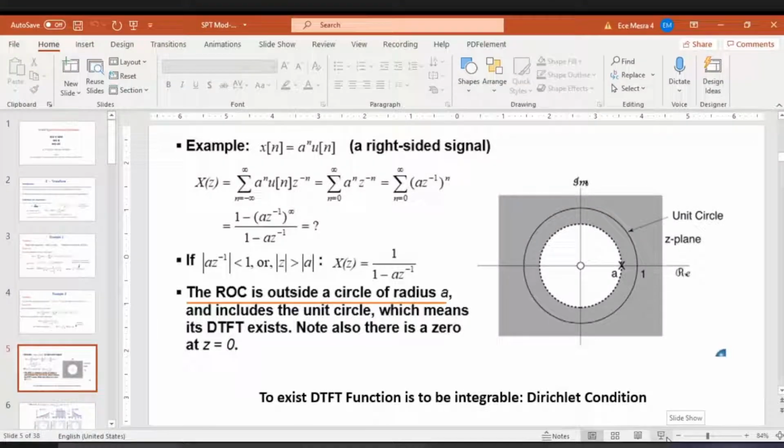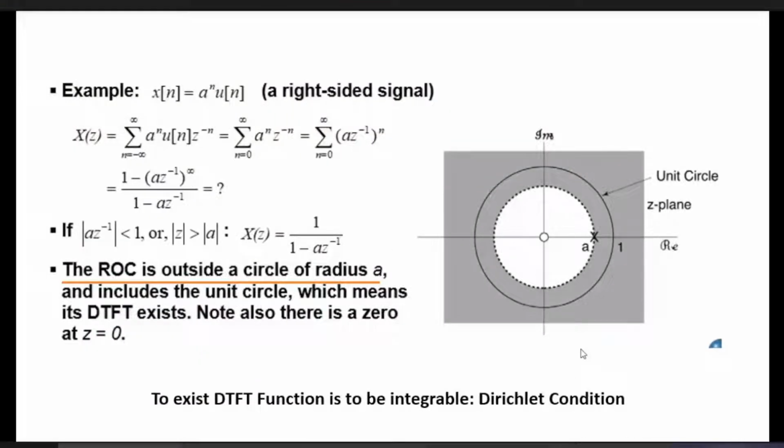So here you see the right-handed signal. A very clear description of one expression is there. That is again the signal a to the power n u[n] that we have considered, with radius a, and the ROC exists outside the circle of radius a.